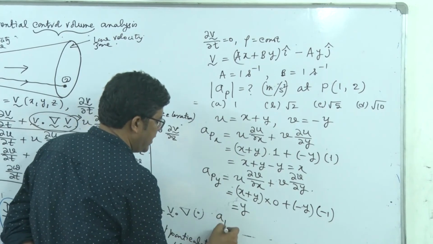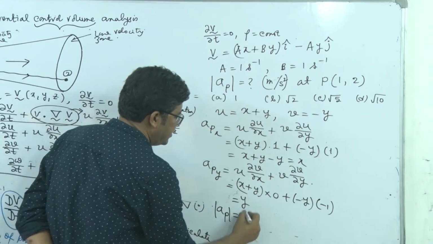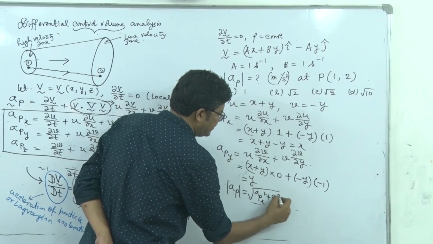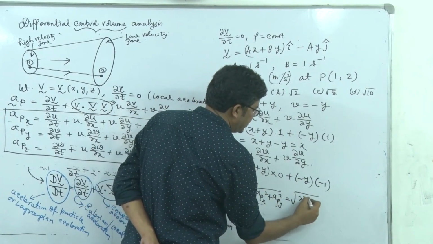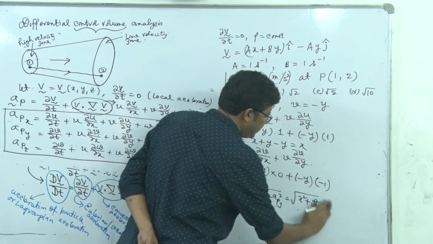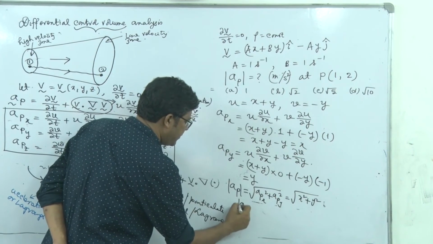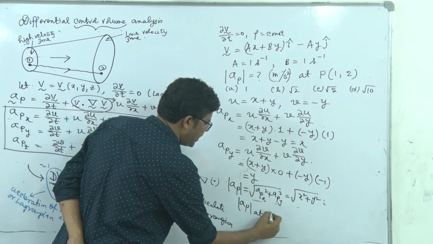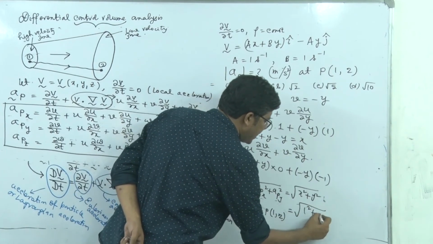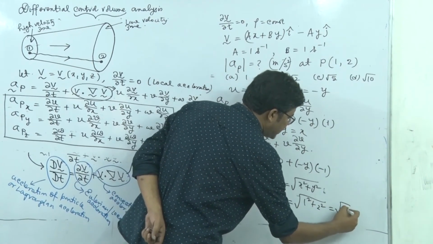Right? So AP, the magnitude, is under root APX square plus APY square, which is under root x square plus y square. Now we substitute for the specific point P, which is 1, 2. So 1 square plus 2 square is equal to under root of 5.